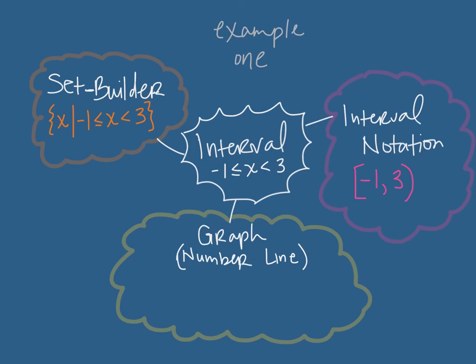On our number line, I'm still going to put the arrows, but now I definitely have to put two numbers, 0, 1, 2, 3. Okay, and then it's going to look like the bracket around -1, the parentheses at 3, and then all the values in between.